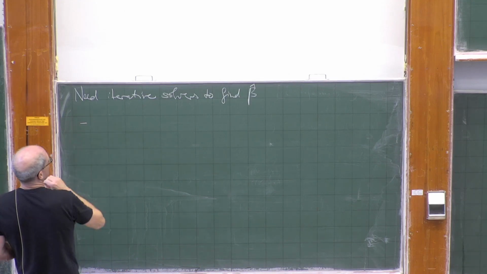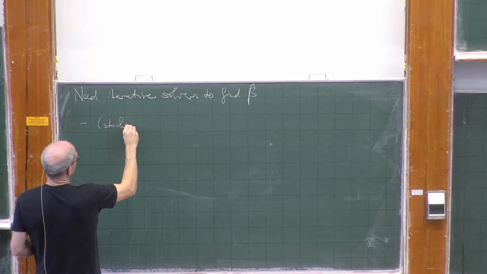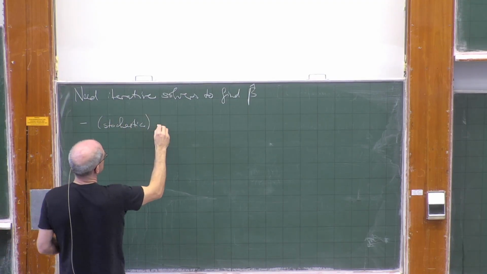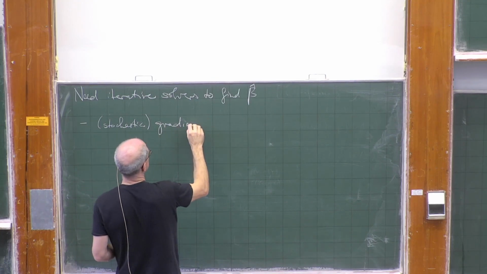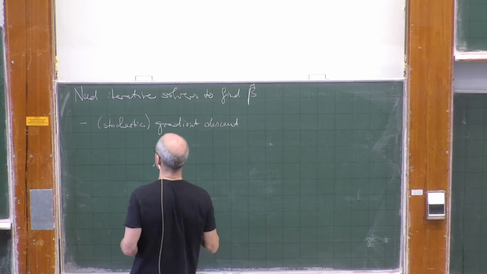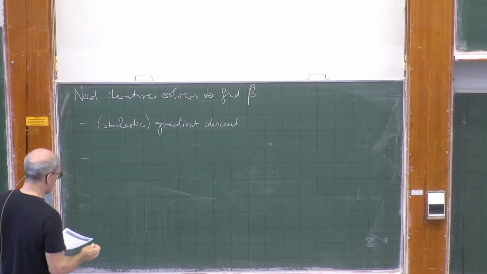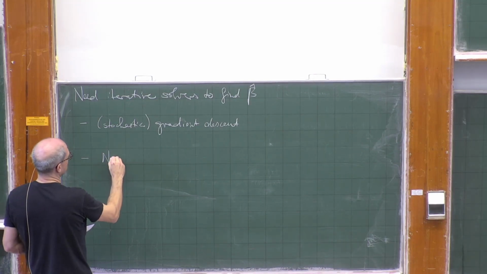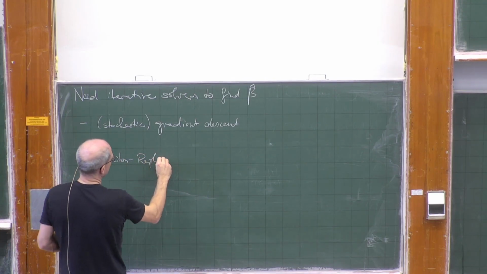Possible choices are gradient descent or stochastic gradient descent. Or another typical choice is a Newton-Raphson solver.